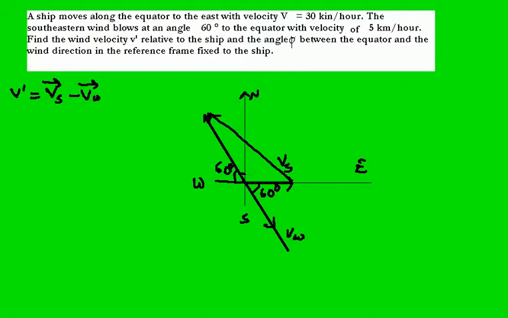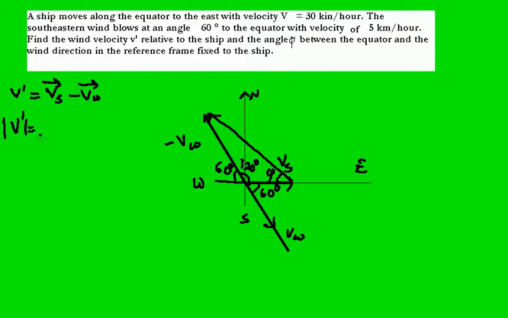So this angle here between the two vectors, vs and minus vw, since it's a straight line and this is 60 degrees, the difference would be 120 degrees. In addition to this, we also have to find this angle phi, which is the resultant angle in this case. Calculating the value of the velocity v dash, that would be equal to the modulus of this particular velocity.